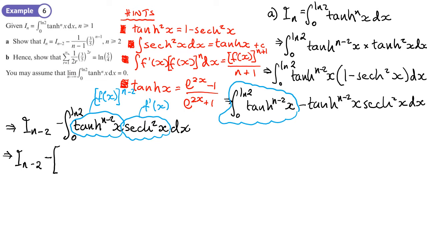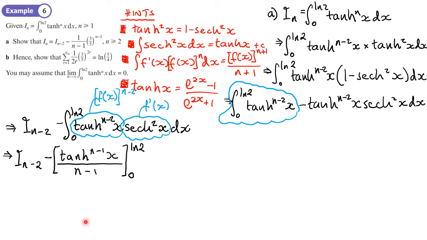Right, so now we'll have tanh to the power n plus 1. So we add 1 to this power here. So that becomes n minus 1 over that new power n minus 1, and limits 0 and log 2.